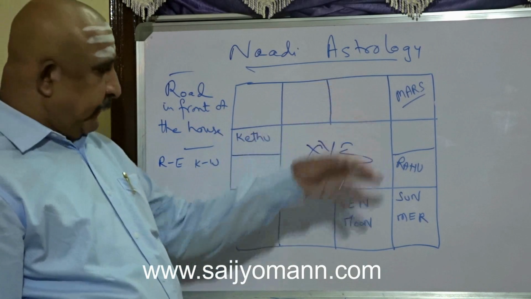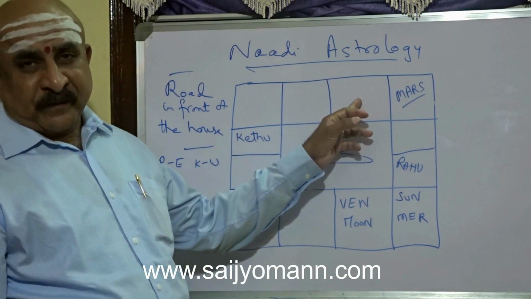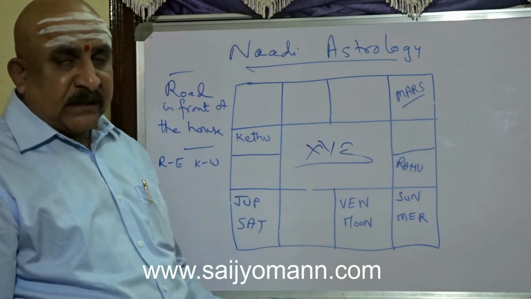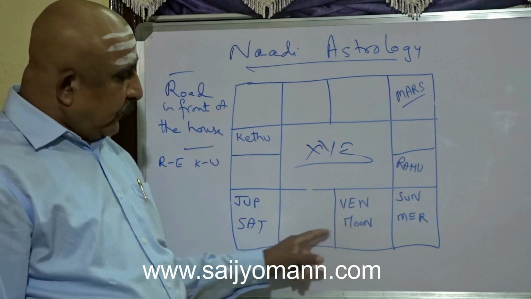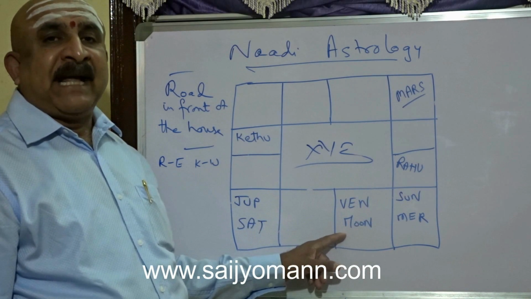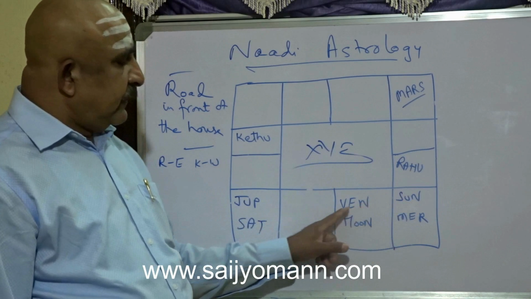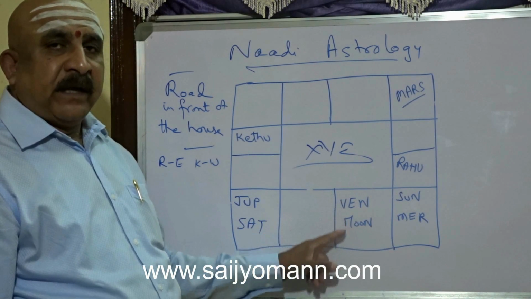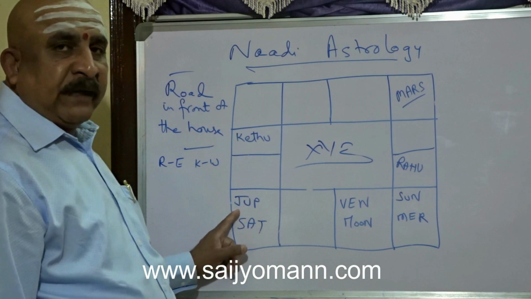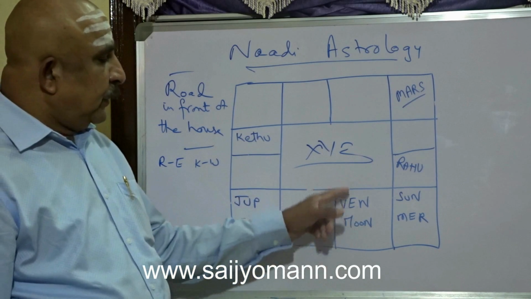From the ascendant, the second house is Kutumbasthanam. Likewise, we assume Sun's Kutumbasthanam is this. So here we find two female planets. So Sun will have two marriages, and this native will have two mothers.